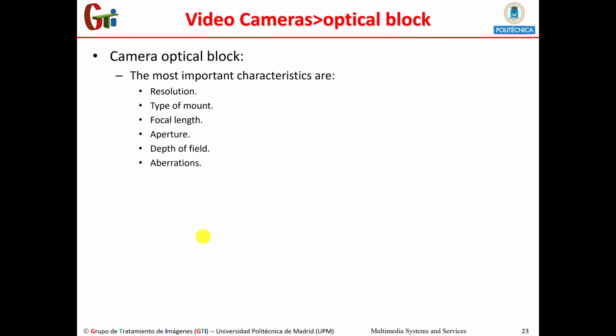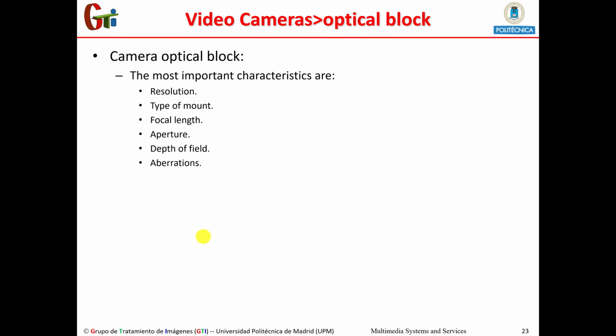We can have a very high resolution sensor, but if the purity of the crystal is not good, the effect will be the same as if our lens were somewhat dirty, and we can lose definition in the captured image. So the resolution is also a very important feature for the optical block.